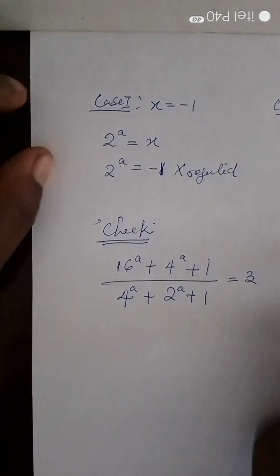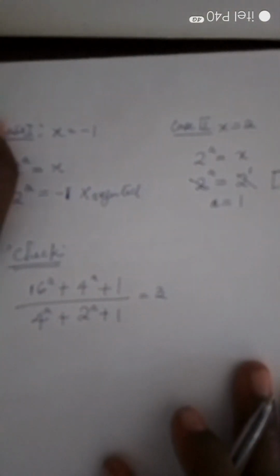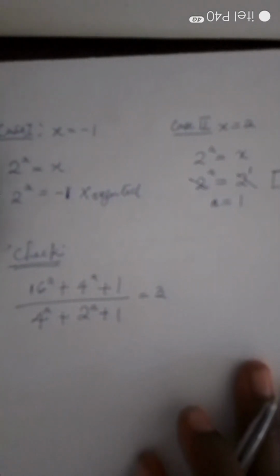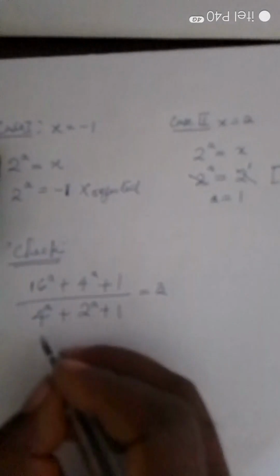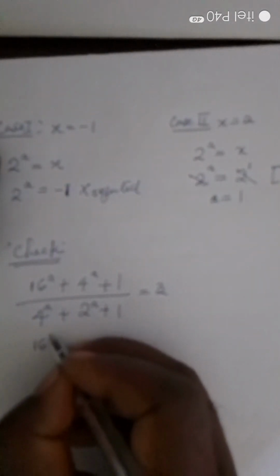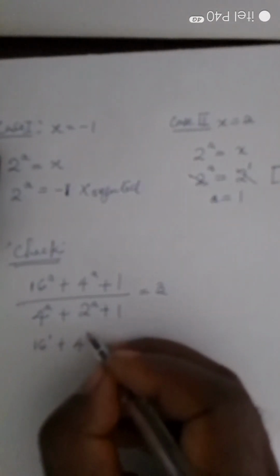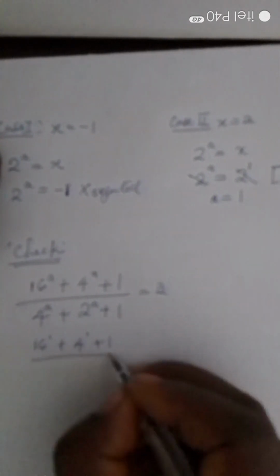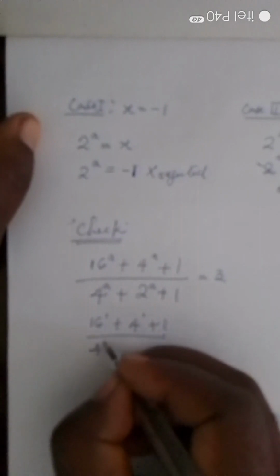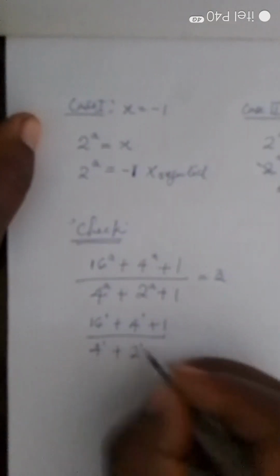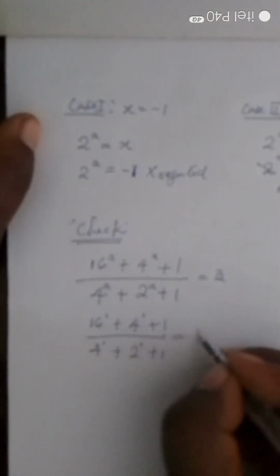Let's see if this value of a equals 1 satisfies the rational exponential equation. So our a is 1, so we have 16 to the power of 1 plus 4 to the power of 1 plus 1, all over 4 to the power of 1 plus 2 to the power of 1 plus 1, equal to 3.